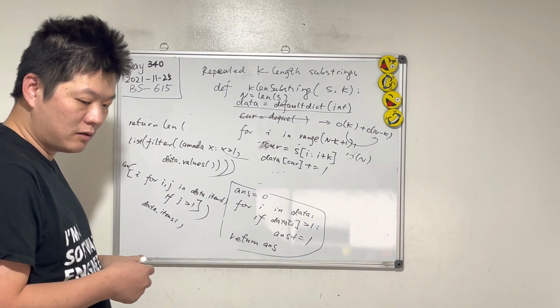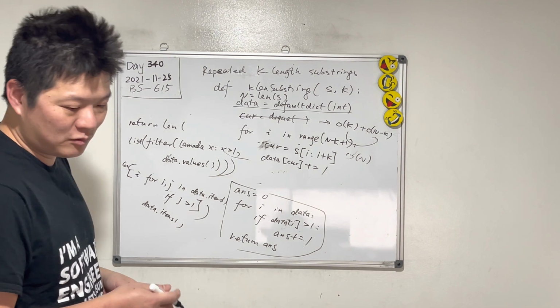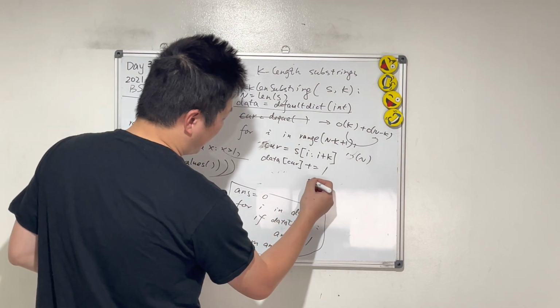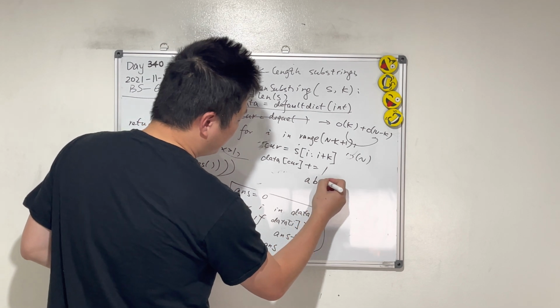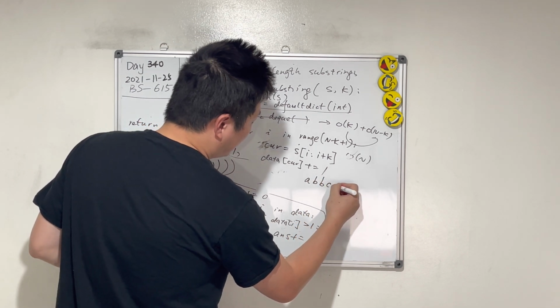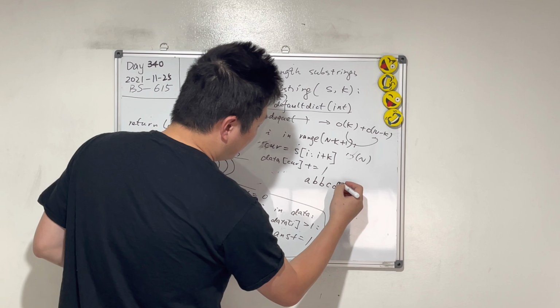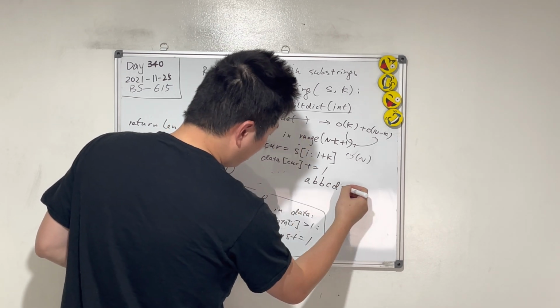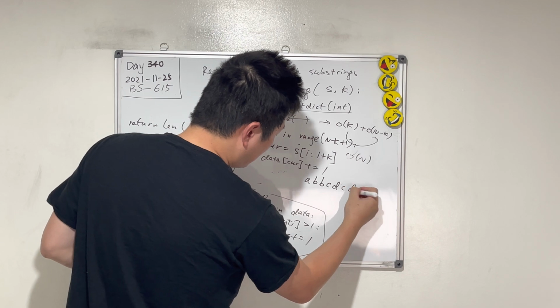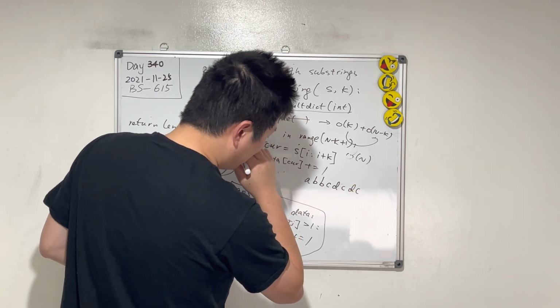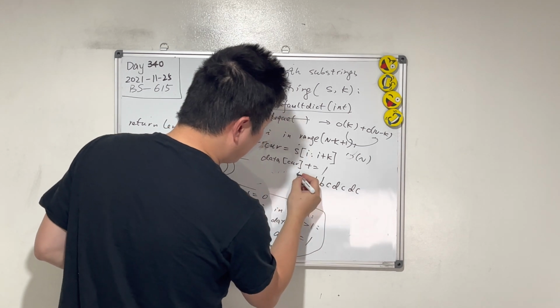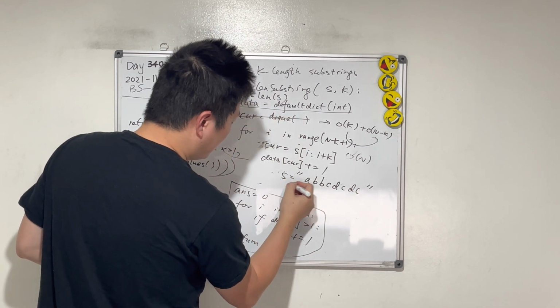What are we doing? K-length. Okay, I'm giving you a problem. Let's say S is A, B, B, C, D, B, C, B, C, and K equals 3.